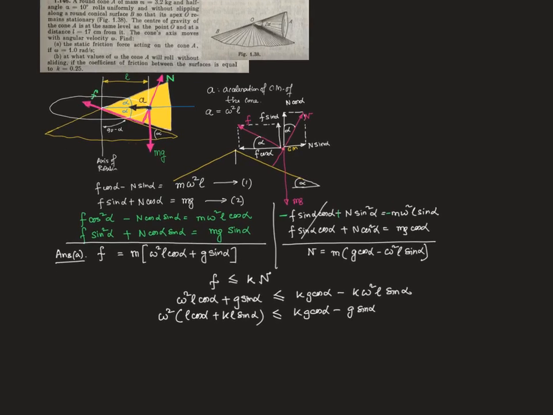Therefore, for no slipping, or for no sliding, this is the condition: omega is less than or equal to the square root of g times (k cos alpha minus sin alpha) divided by L times (cos alpha plus k sin alpha).